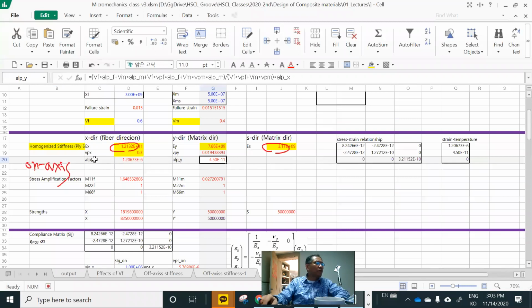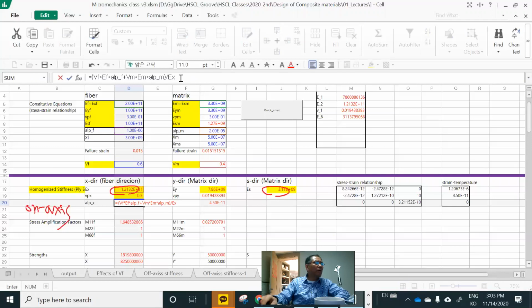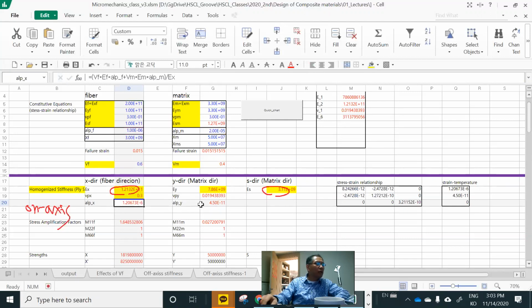Remember alpha x and alpha y, which you calculate given from fiber and resin property, including alpha x, okay? And also this alpha y. Alpha y is a little bit more complicated, but we certainly have this equation.